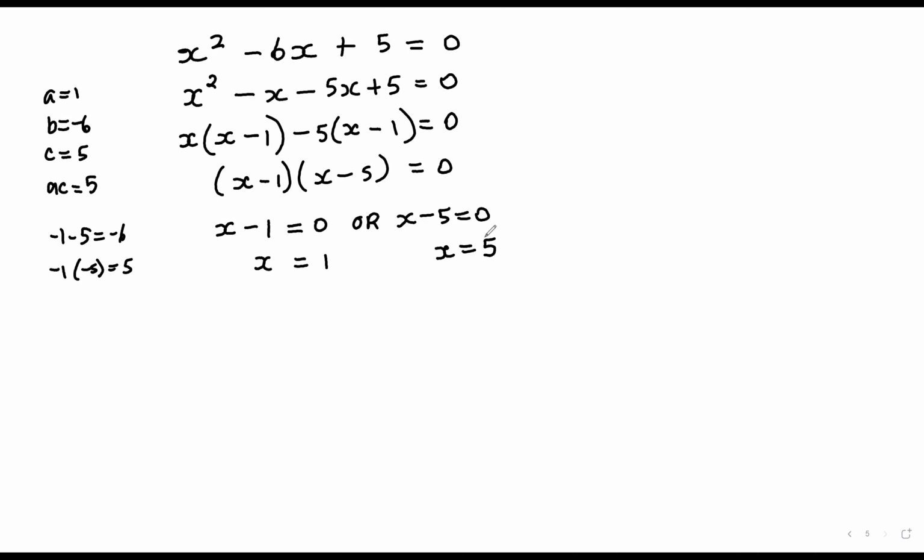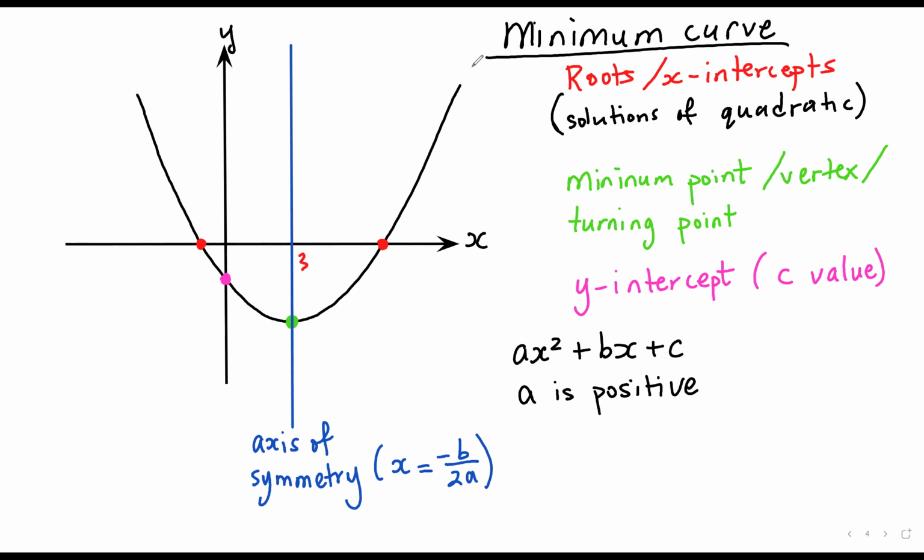So my two solutions of this quadratic are x is equal to 1 and x is equal to 5. So I know that when I'm sketching my graph, the roots of the curve will be 1 and 5, because that's what the roots or x-intercepts are. They're the solutions of the quadratic.